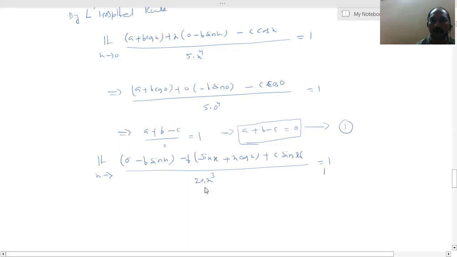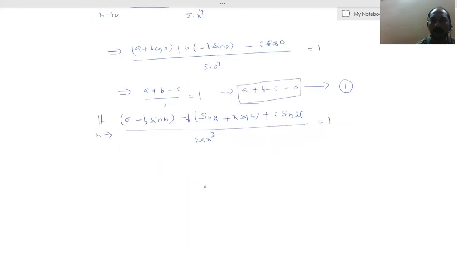Once again substitute the limit value. Here limit tends to 0. Substitute the limit in the left hand side. We get minus 0, no need to write because 0 minus something equals 0. Minus b times of sin 0 minus b times of sin 0 plus 0 times of cos 0 plus c times of sin 0 by 20 times of 0 cube equal to 1.